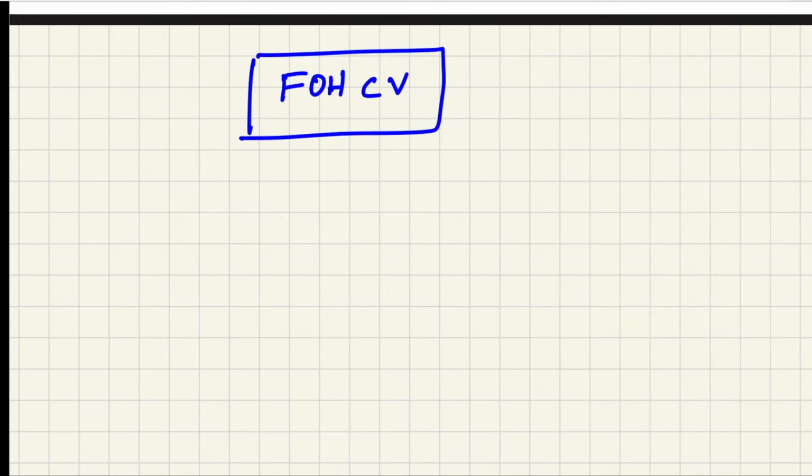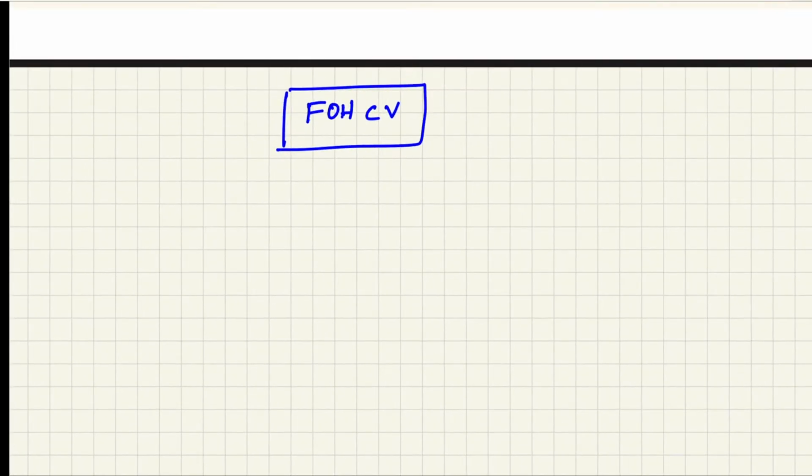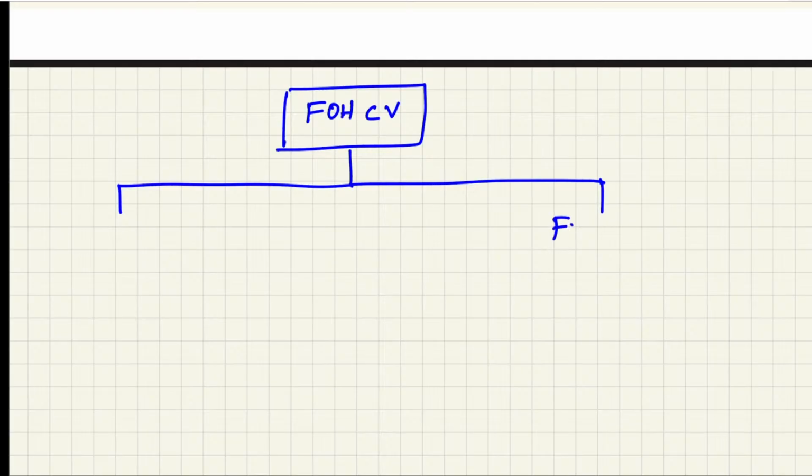Okay, so we have first one, fixed overhead cost variance, which is the topmost one. It has two subvariances. On the right side, you have fixed overhead expenditure variance. Then on the left side, you have fixed overhead volume variance.